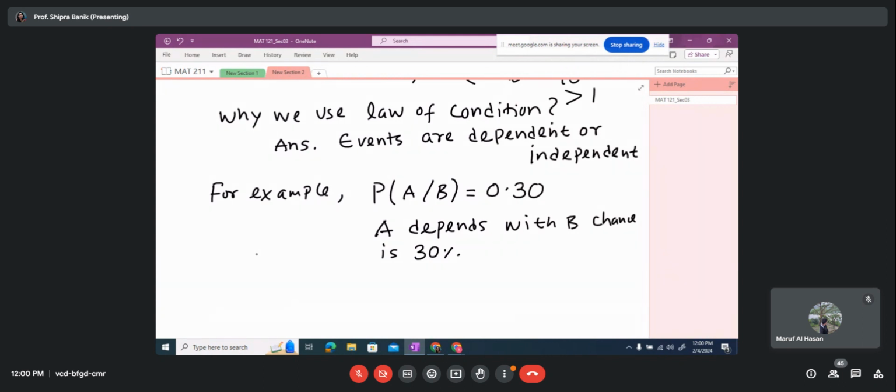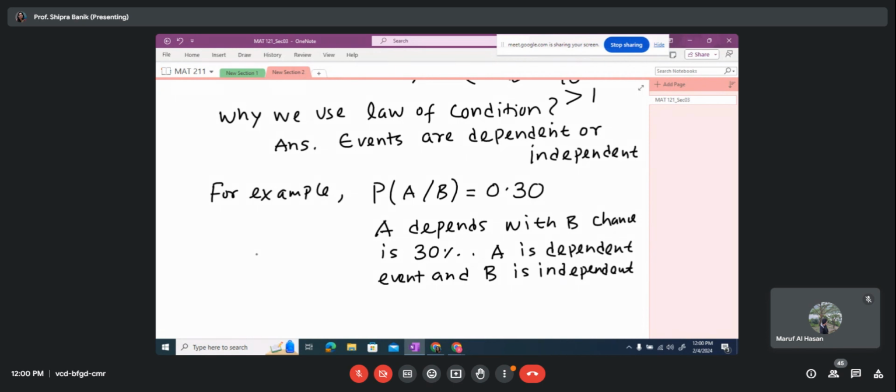Can I write here that A is the dependent event? Yes, miss. Yes, it is true. And who is the independent event? B is independent. Let us understand again why dependent and why independent.